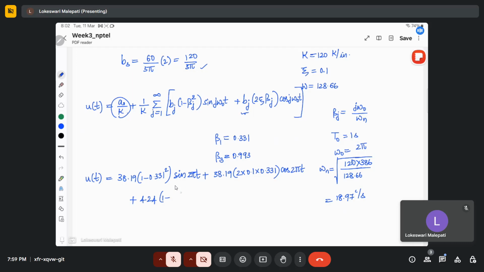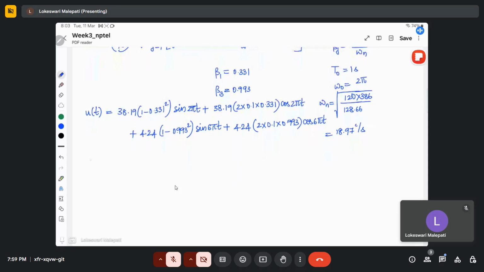So 1 minus 0.993 square, sine 3 times 2 pi, that would be 6 pi t, plus bj is 4.24 multiplied by 2 multiplied by zeta, 0.993, cos 6 pi t.